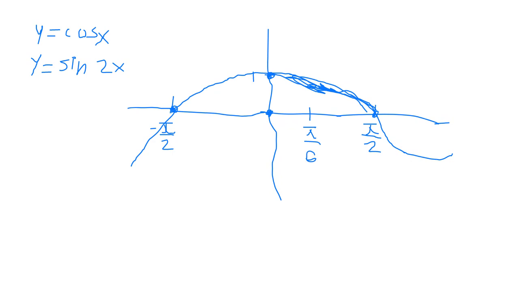So it goes something like this, right? And then goes back down. So these two are the shaded regions we're trying to find.